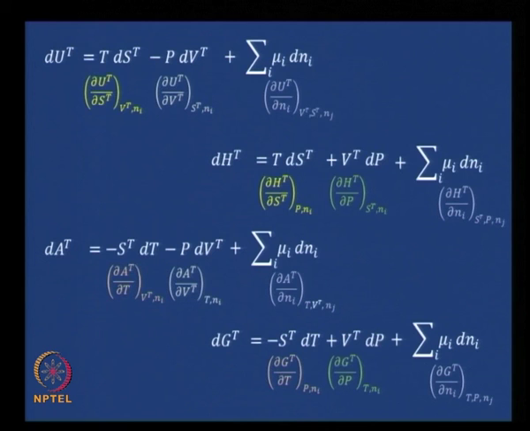If we put this all together in one place, we can say our temperature can be represented as the partial of U_t with respect to S_t at constant V_t, n_i, or partial of H_t with S_t at constant P, n_i. We had seen T appearing in two different equations there, which we represented as partial derivatives.